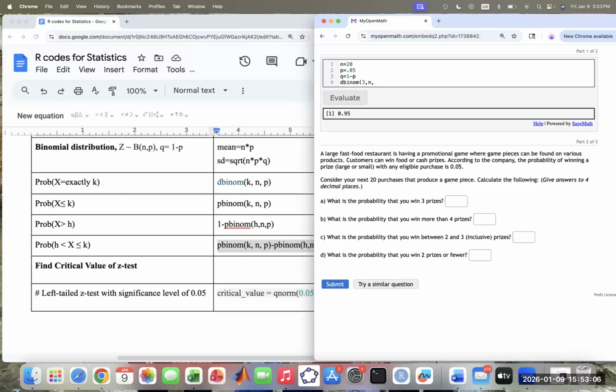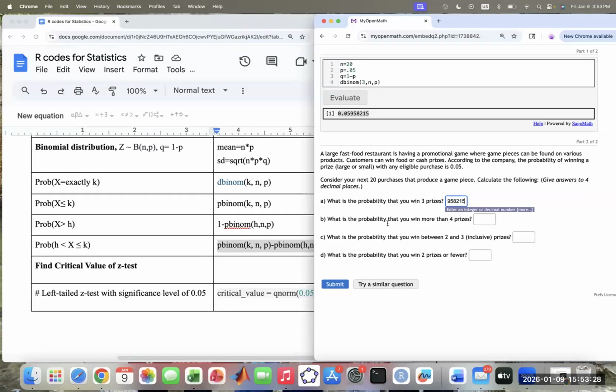And then we put P, like that. So it's going to call the value of N and P right here. When you do it like this, you will have the answer over here. That would be almost 6%, a 6% chance that you win 3 prizes in 20 purchases.